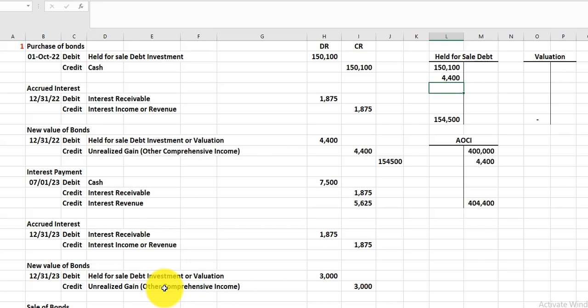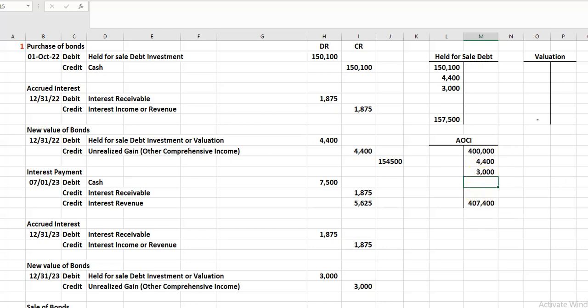The one thing where unrealized gains or losses do not go on the income statement. They go on the statement of equity, a statement of comprehensive income. Need another zero. 3,000 there, and we know that's going to go on the statement of comprehensive income and ultimately end up in AOCI.